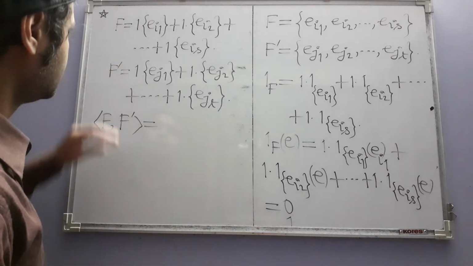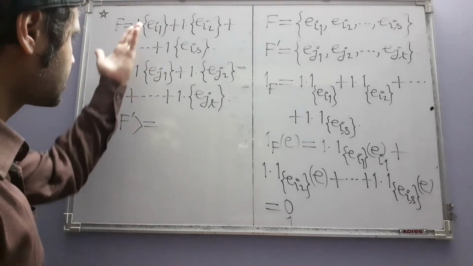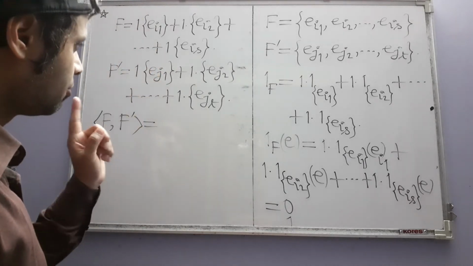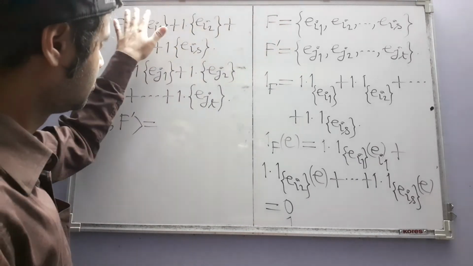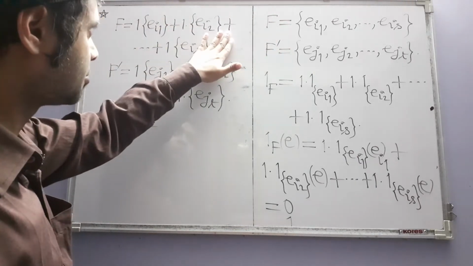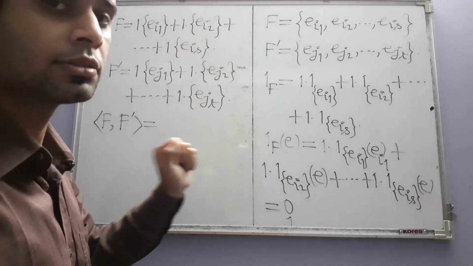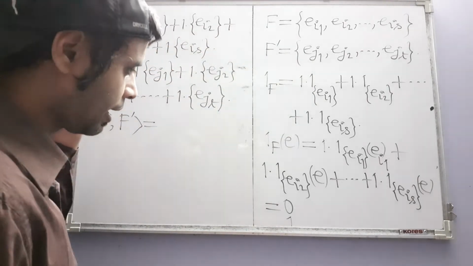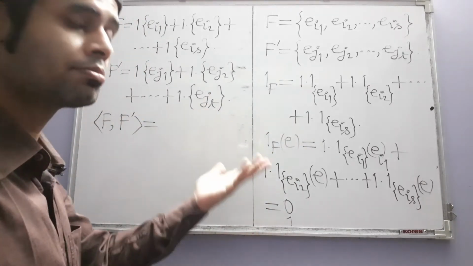But keep in mind that this e_{i1} may not be equal to e_{j1} because i1 may be different from j1. Although actually we have all the basis elements in this expression. The ones that you don't see here have coefficient 0. So we in fact have all the lambdas. We in fact also have here all the lambda primes.